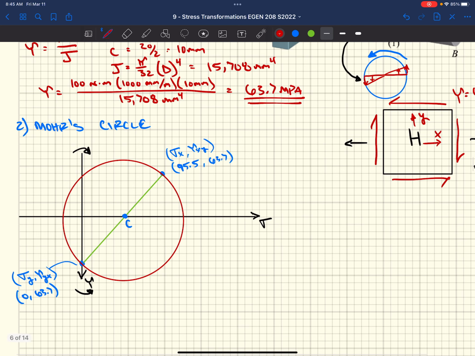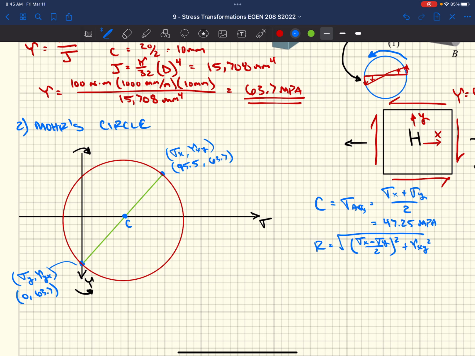So if we work through the equations, the center, or sigma average, is sigma x plus sigma y over 2, and we get 47.25 megapascals. The radius is the square root of (sigma x minus sigma y over 2) squared plus tau xy squared.